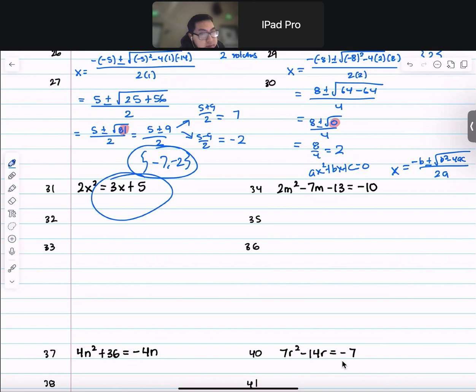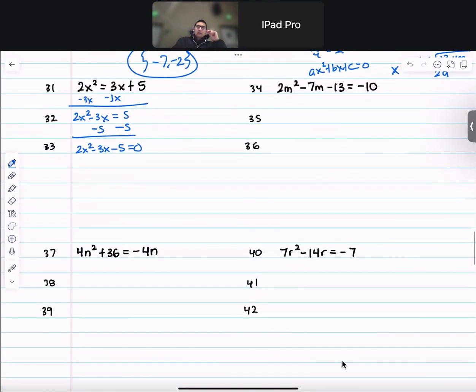Now notice, this is not equal to 0, so I'm going to move the 3x over. Those can't combine, those are different exponents, so 2x squared minus 3x equals 5. And I'm going to move the 5 over. 2x squared minus 3x minus 5 equals 0.